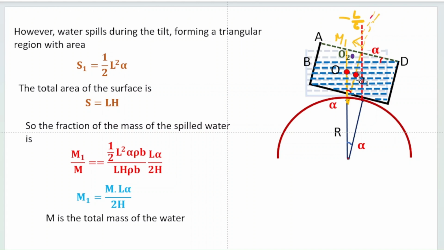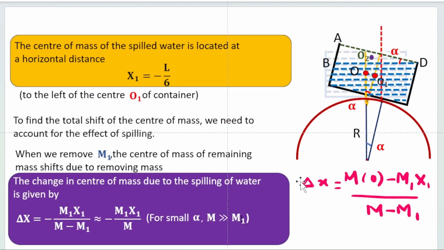Isn't it? Therefore, by using the concept of negative mass, I can write the displacement of the center of mass of the remaining mass as: m times its position, 0, minus the removed mass times its position x1, divided by m minus m1.